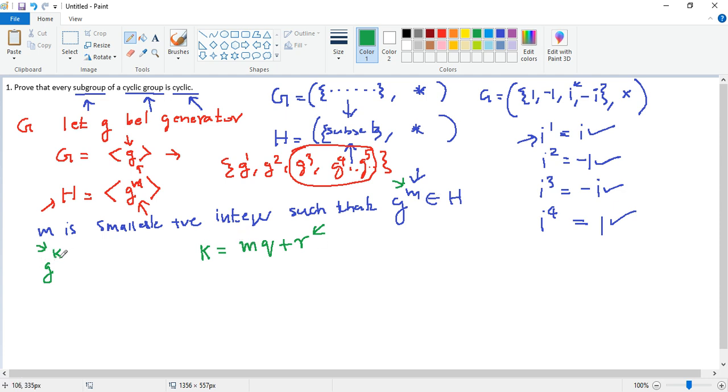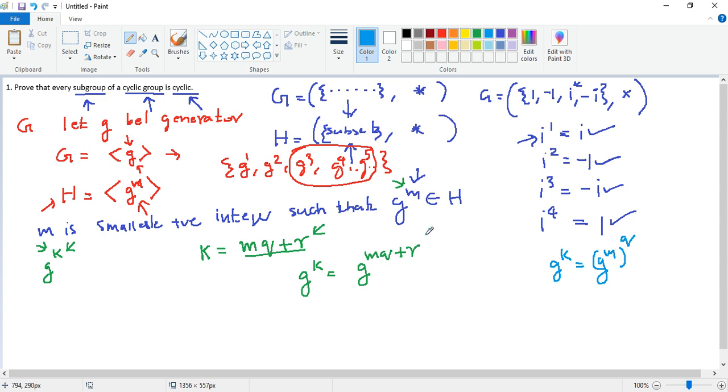if I replace the exponent k with mq plus r, then it will look like this: g to the power k is g to the power mq plus r, right? So what we are trying to prove is that g to the power k is just some power of g to the power m, right?